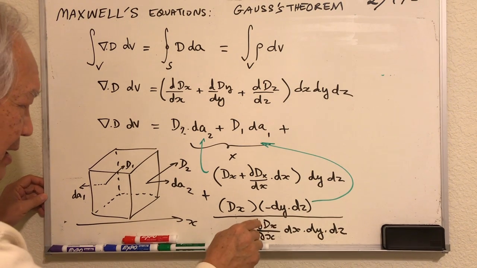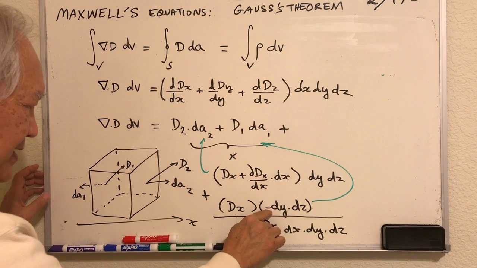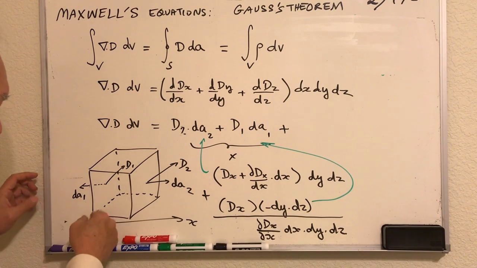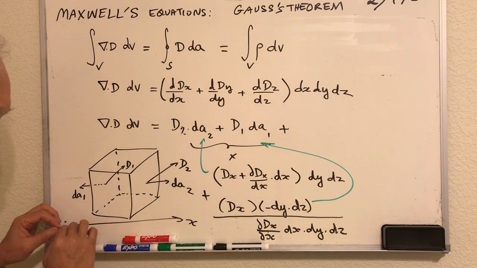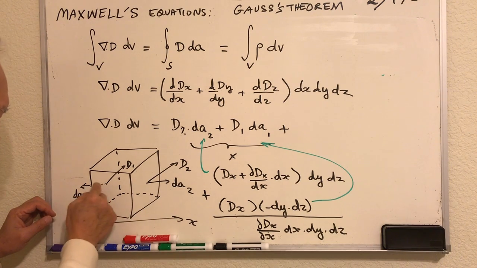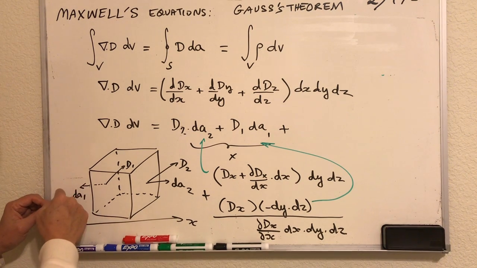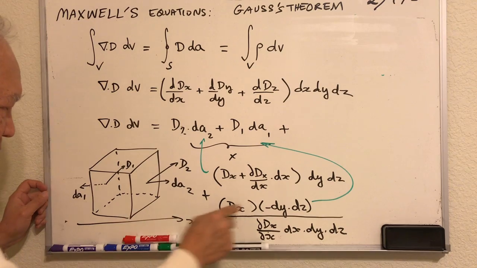However, there's a minus sign here because in our convention, that unit area is pointing in the opposite direction. That's why it has a minus sign.